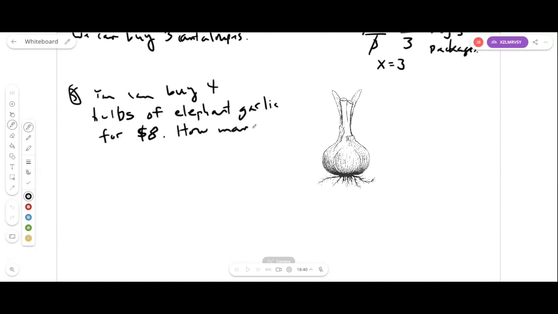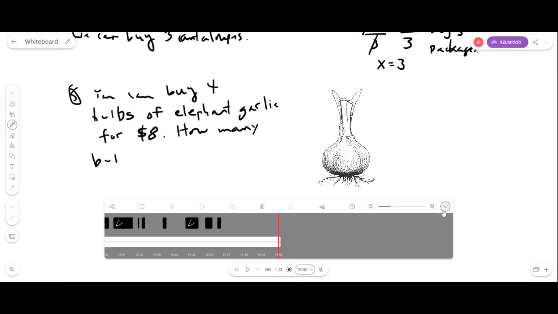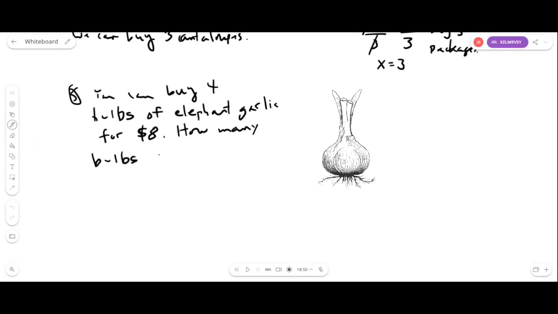How many bulbs can you buy with $32? So this one has a little bit different given ratio. So our given ratio this time is 4 bulbs, $8.